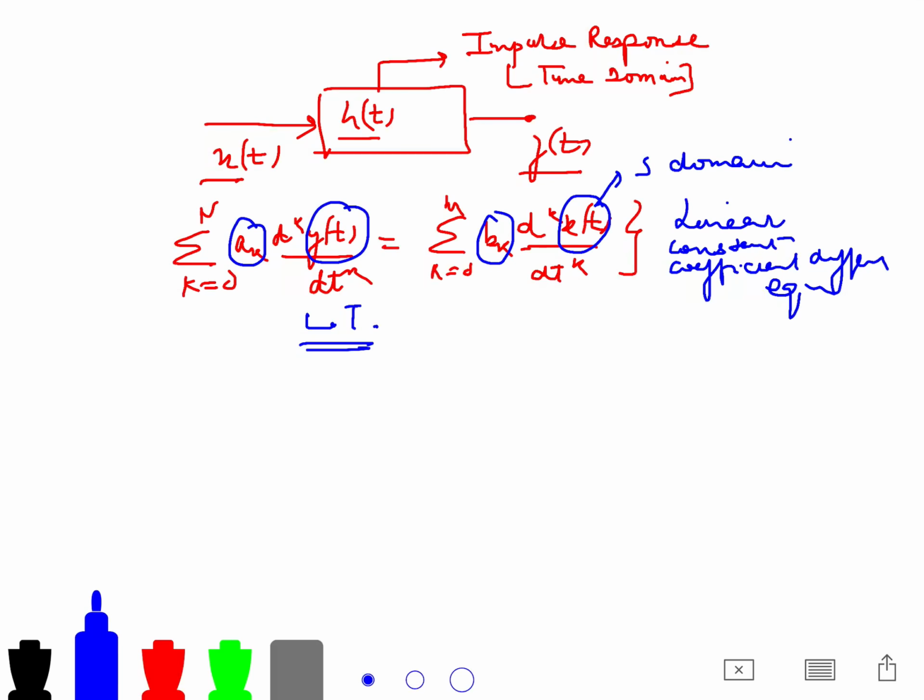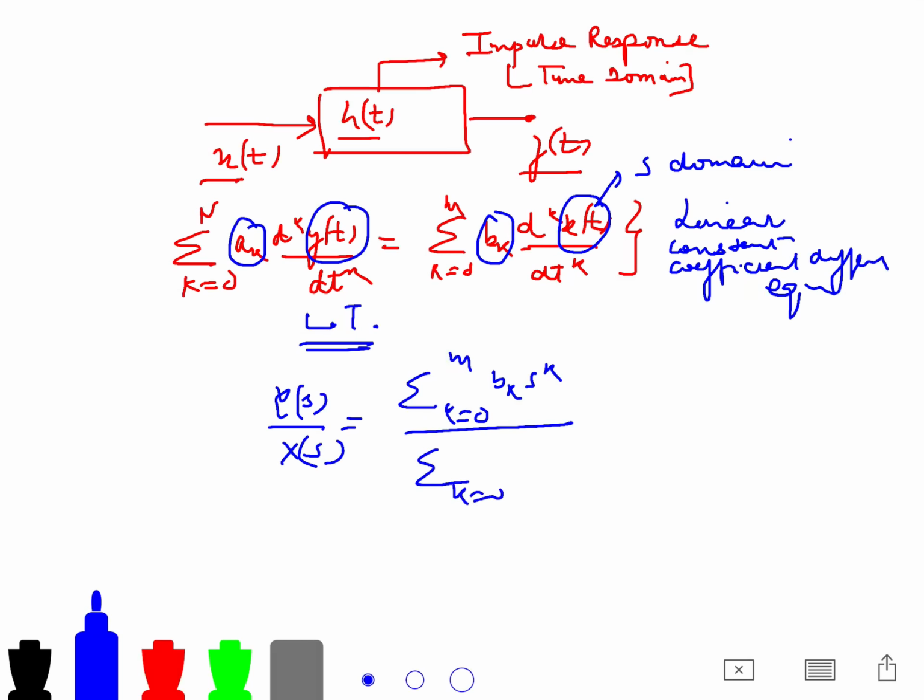Now when you take the Laplace transform of this equation and then solve, you will get the ratio of this and this in S domain, which can be written as Y(s) upon X(s) is equal to summation k equals 0 to M b_k s to the power k over summation k equals 0 to N a_k s to the power k, right?